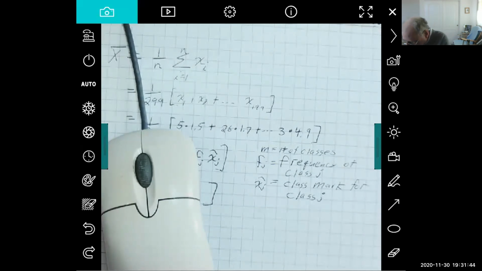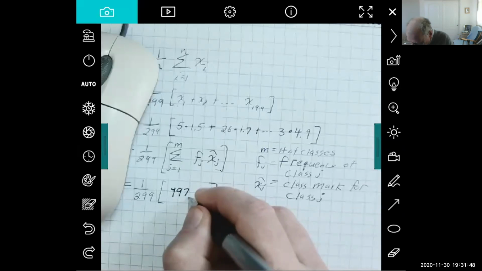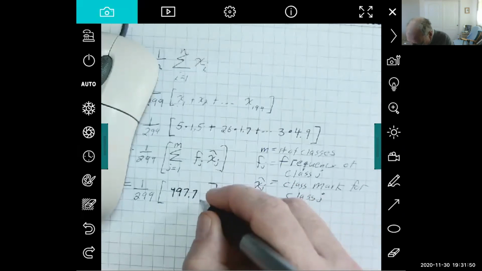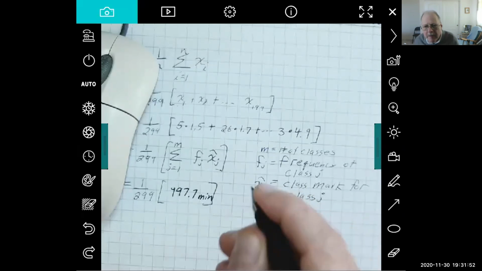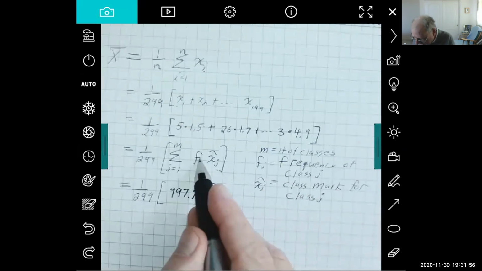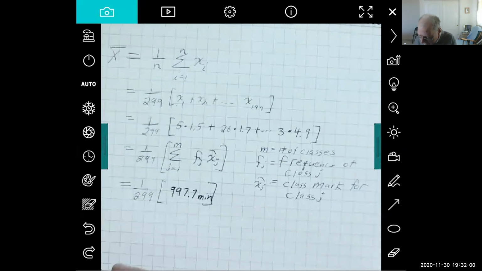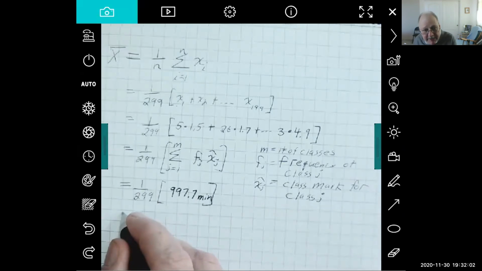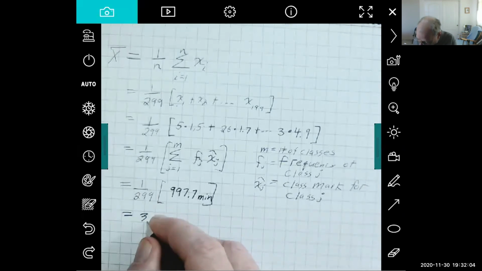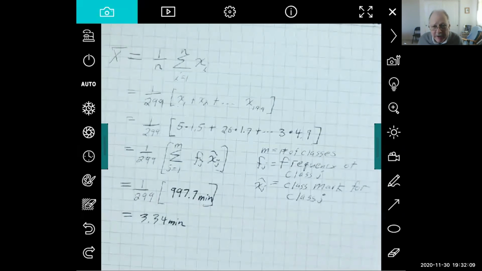So when I added up all the FJs times the XJs, I got 997.7. And I'm going to divide that by 299 minutes, and I get the 3.34 minutes, like I showed you in Excel just a minute ago. Okay, so now it's on paper as well.